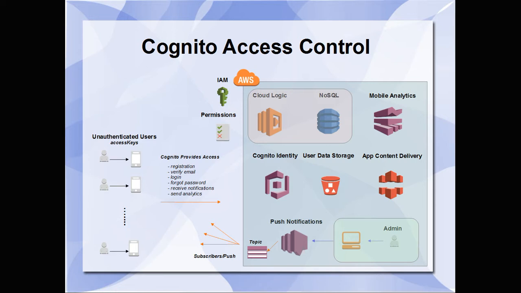So for example, let's just assume now that we have an unauthenticated group of users using the mobile app, and Cognito has issued this access key. Now, Cognito issues an access key and a secret access key, and it uses both those keys, like a username and password, to create some sort of signature.